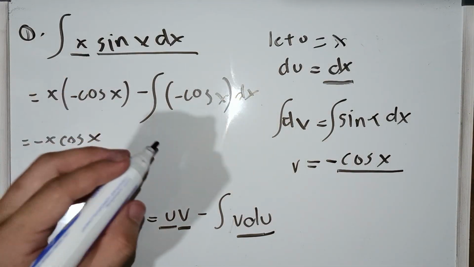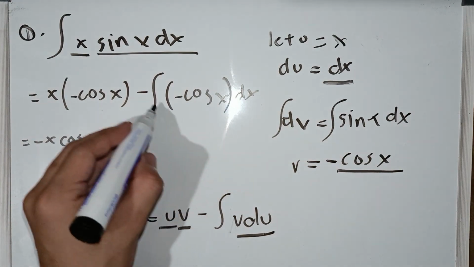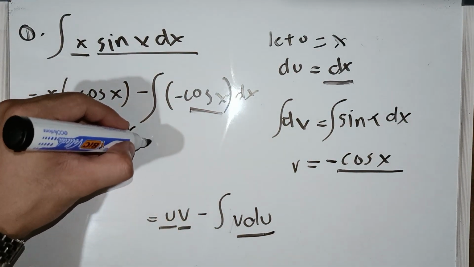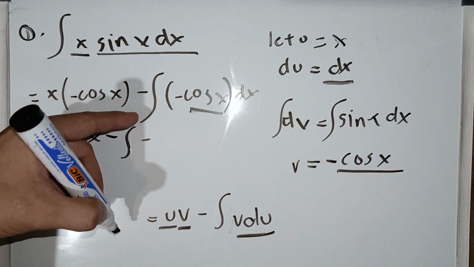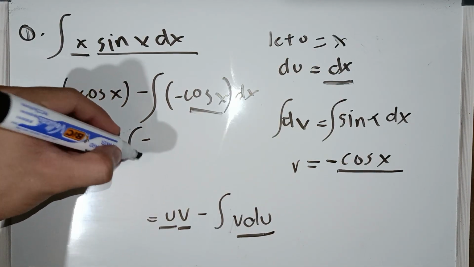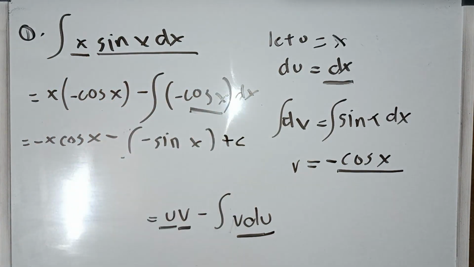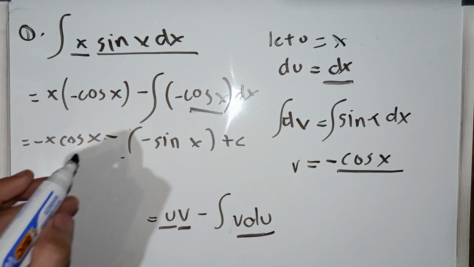Now we have to integrate this. The integration of this is negative sine, so let's erase the integral now. So negative sine x plus c. Since we have negative here, let's multiply.